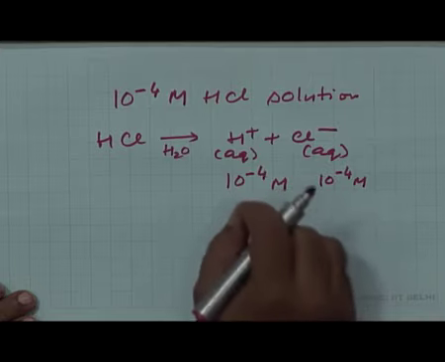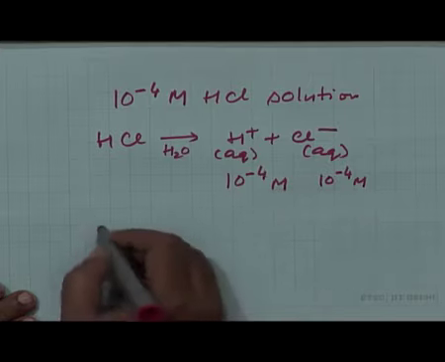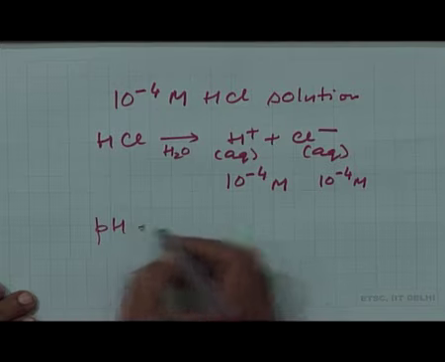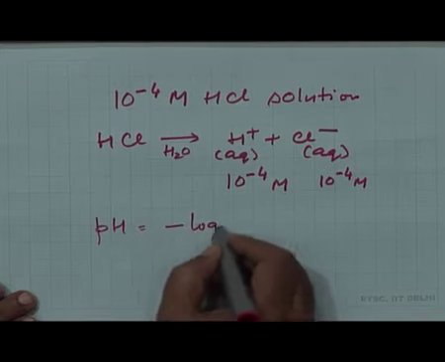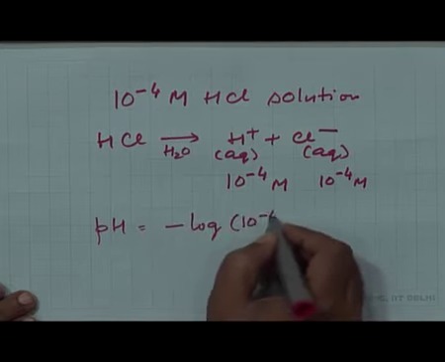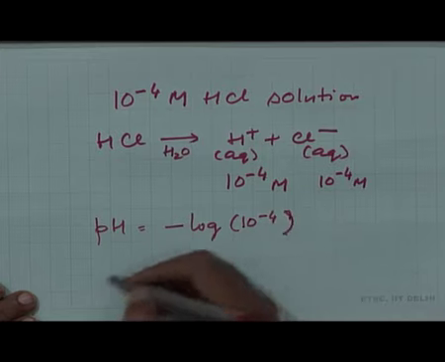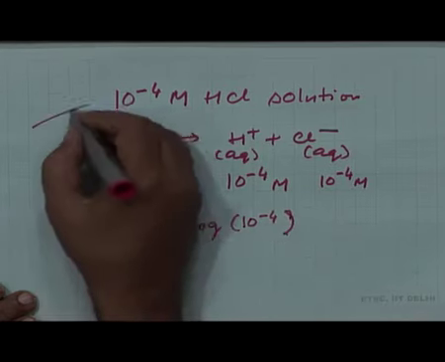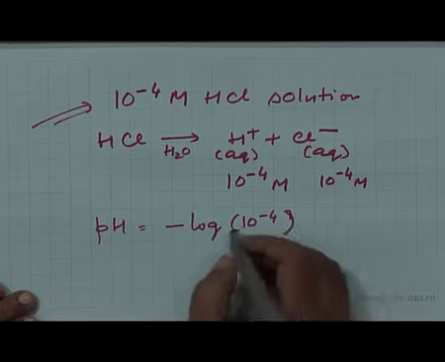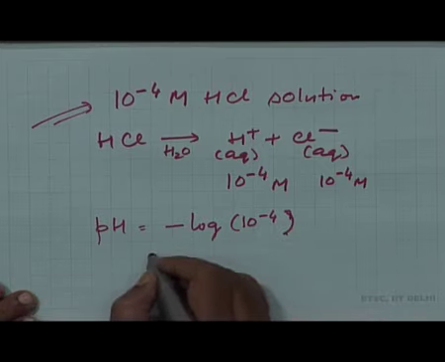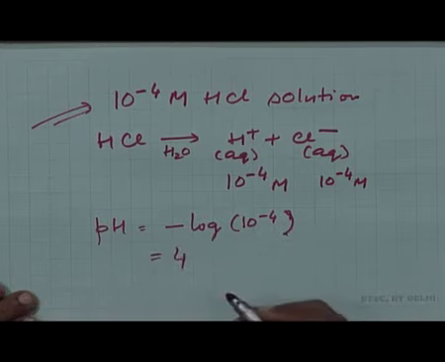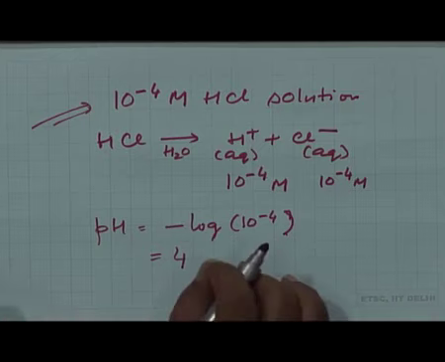And so, pH will be simply equal to minus log of 10 to the power minus 4, since this is a dilute solution, and so we can simply write pH is equal to 4 for the 10 to the power minus 4 molar acidic solution.